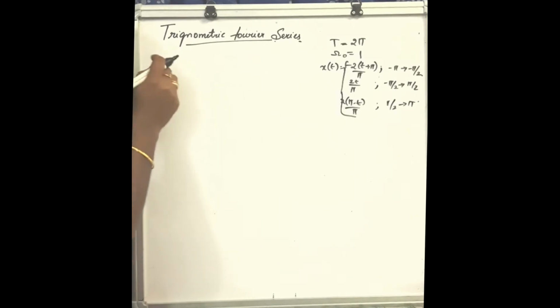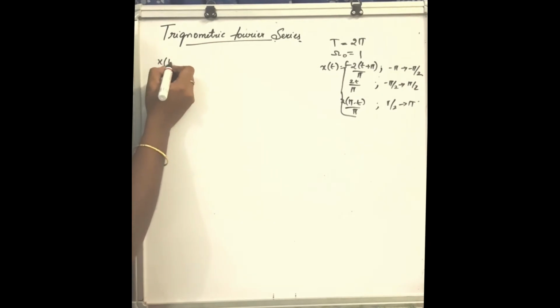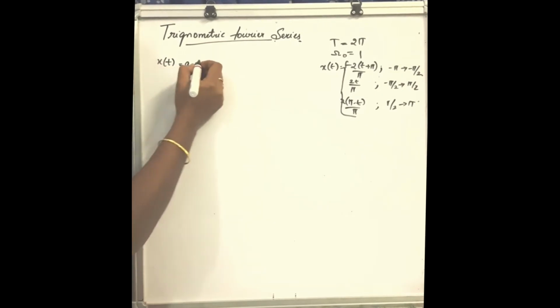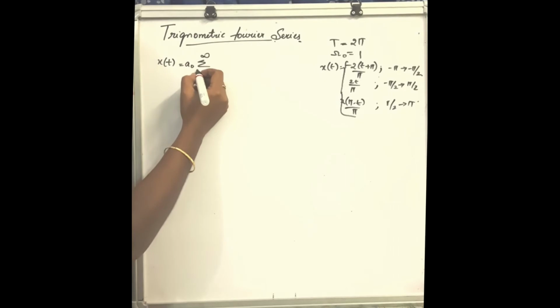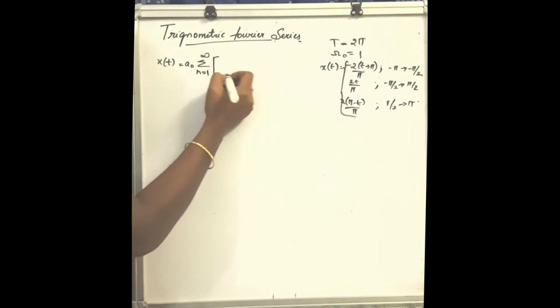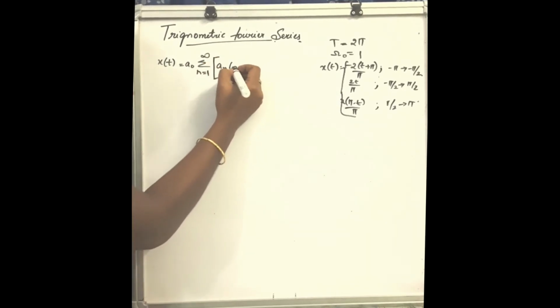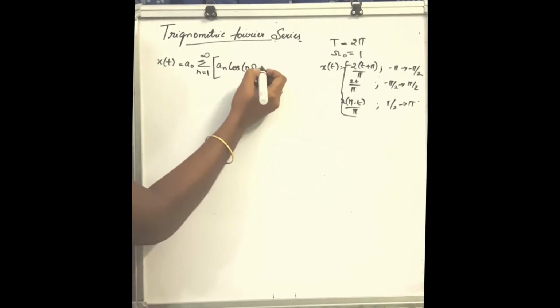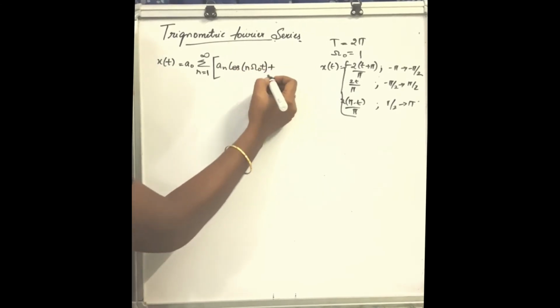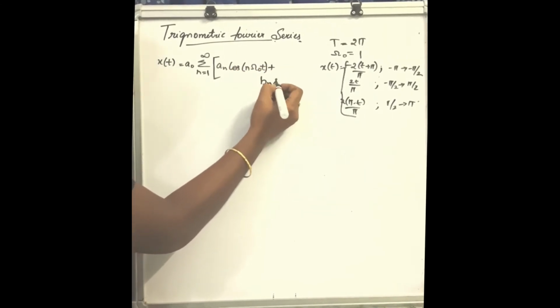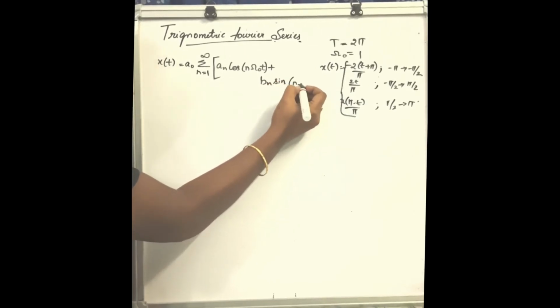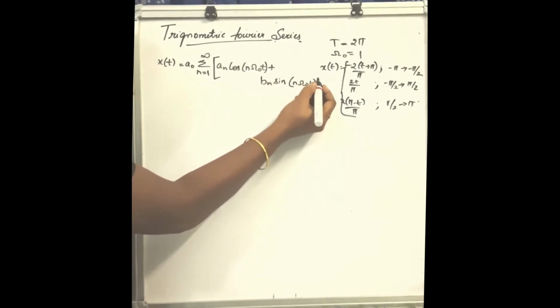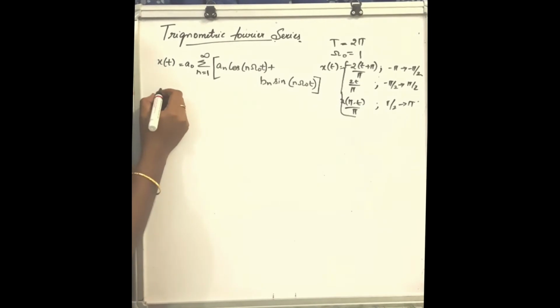Having this, we are going to solve for the problem having x of t is equal to a naught plus summation n is equal to 1 to infinity of a n cos n omega naught t plus bn sin n omega naught t. Here a naught is the DC component.